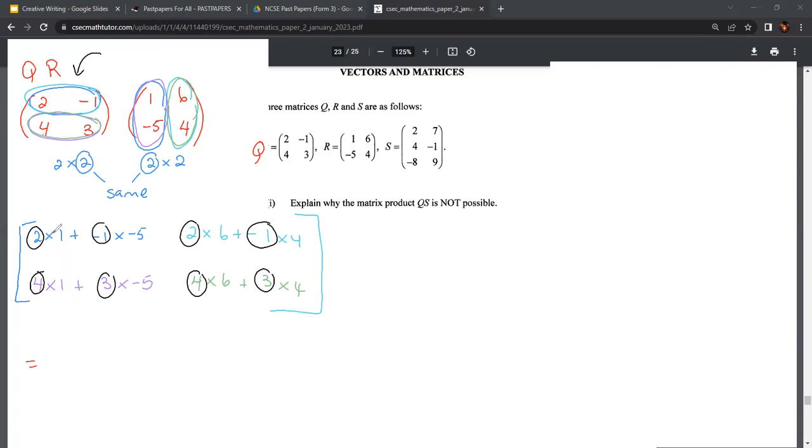So we'll end up with 2 ones are 2 plus -5 by -1. It's two same signs, so we multiply, and it's going to be positive. 5 ones are 5. Going down to this one, 4 ones are 4 plus 3 times -5, that will be -15.